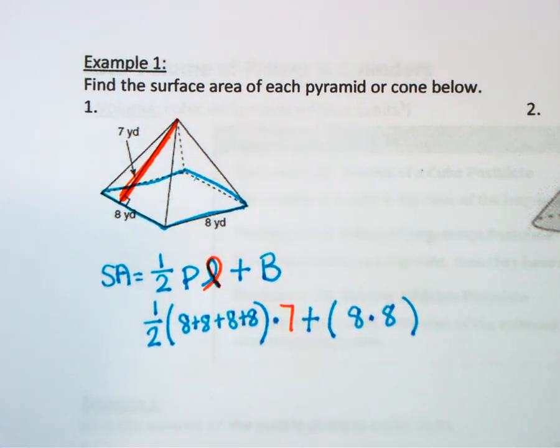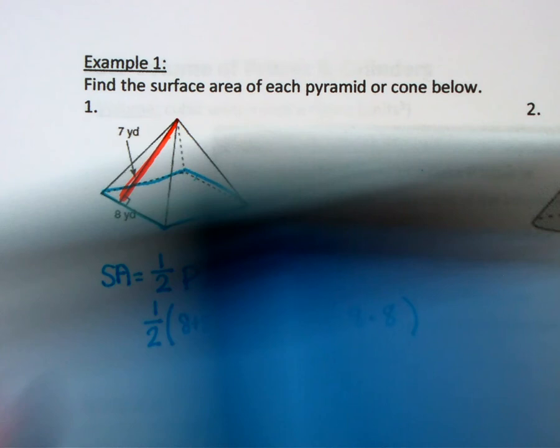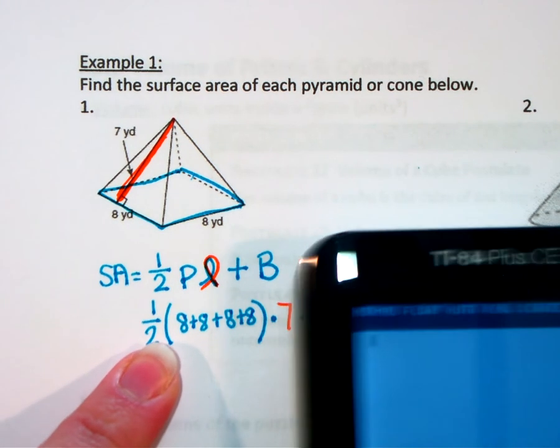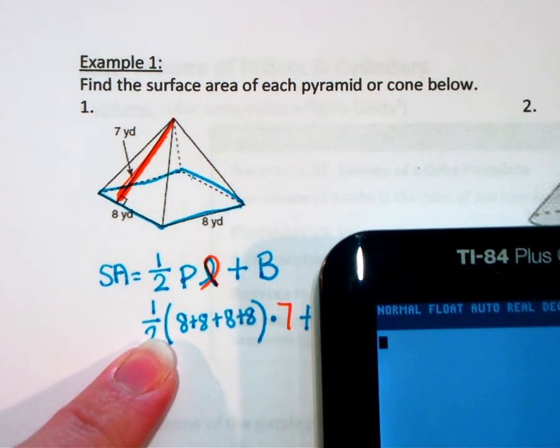Okay, so 8 plus 8 plus 8 plus 8 is 32. So 1/2 times 32 times 7. Or you could type it in just as you see it here, and you can even do this in Desmos.